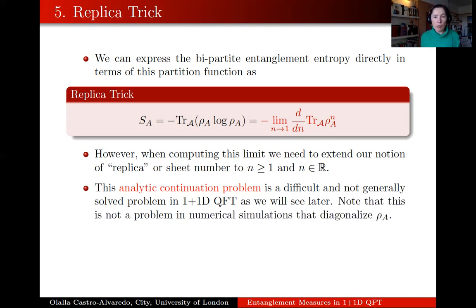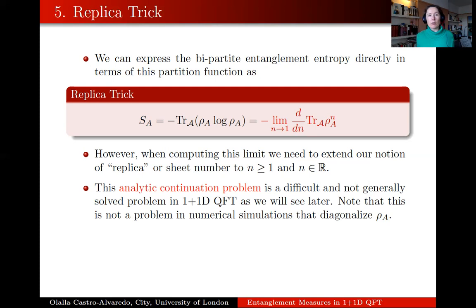Note, however, that when people do numerics, this is not a problem. If you're doing a numerical calculation on a spin chain, for instance, using the DMRG, and you are actually computing the eigenvalues of this rho A matrix, of this reduced density matrix, then of course, once you have the eigenvalues, you can compute any powers thereof. So there isn't really an analytic continuation problem there.